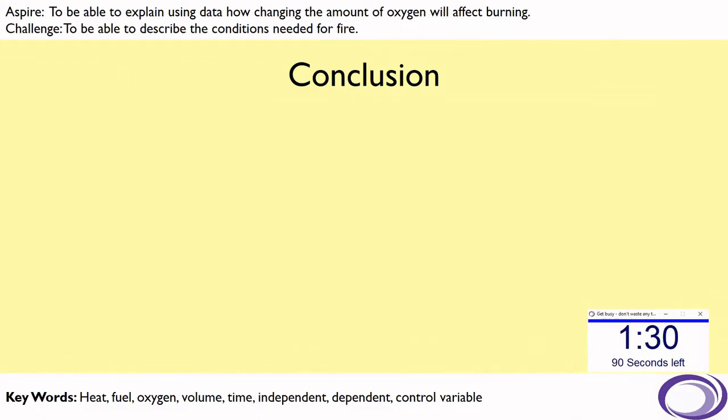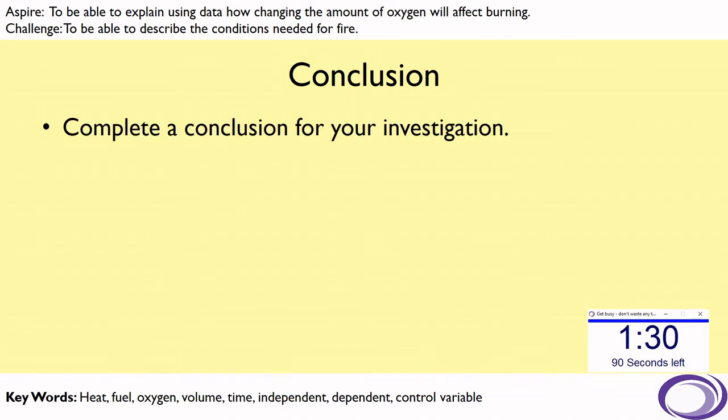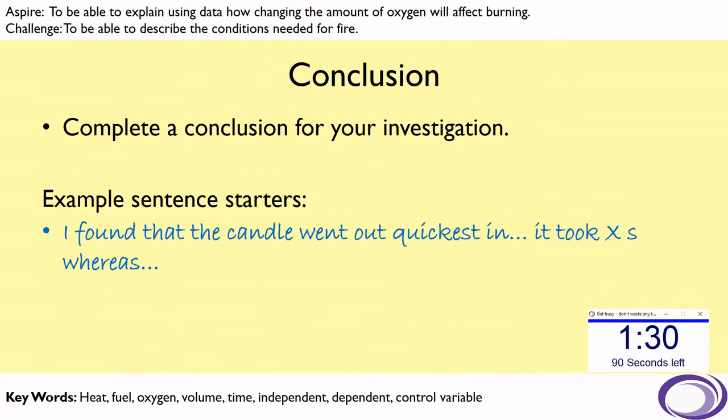So now it's time to start to complete a conclusion from our investigation. When you are doing this, it would be really useful to have either your table or your graph handy so that you can quote some example results in your conclusion. I have some example sentence starters to support you with your conclusion.